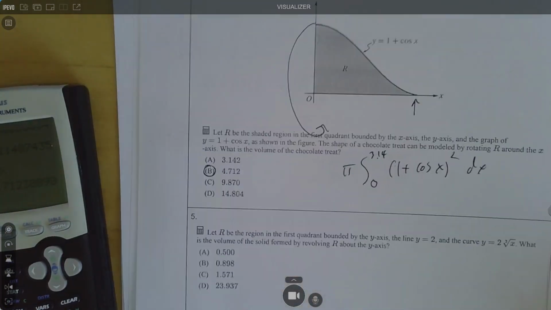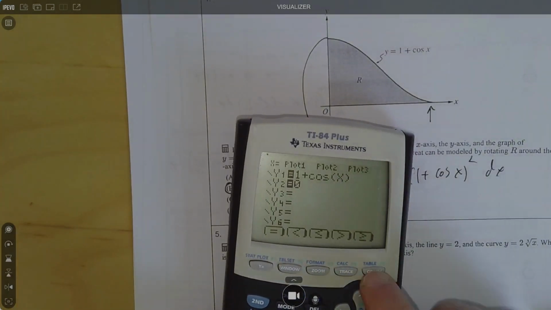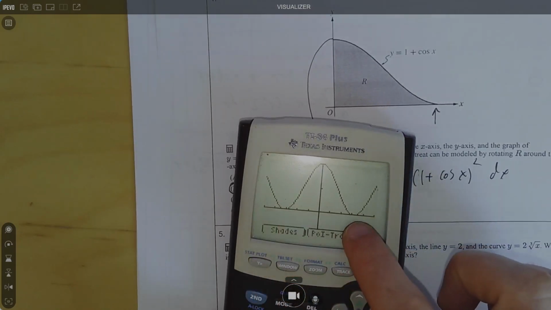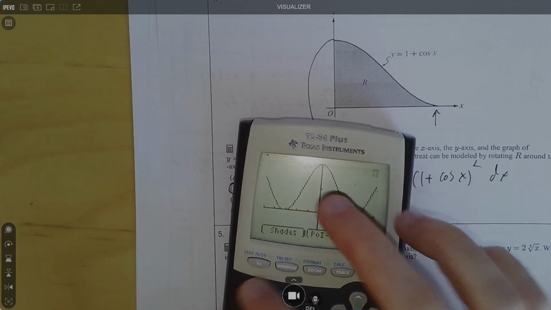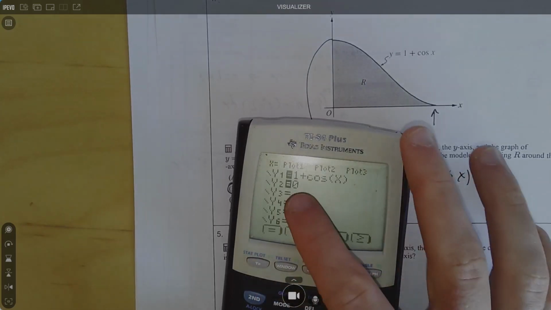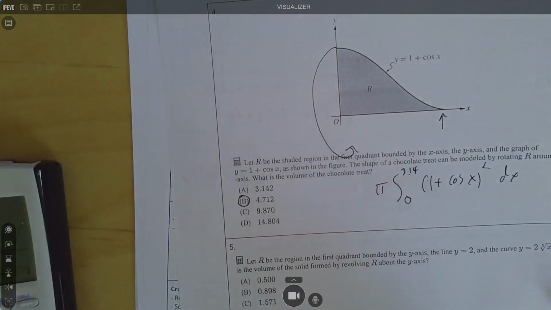Did that make sense, what I did there with the y setting? I set y equals 0, which is literally just the x-axis, so that if the zero calculator function doesn't work because it doesn't cross over, you can still use intersect if you make this extra function that's 0 and find the intersection point there. That's what I did.